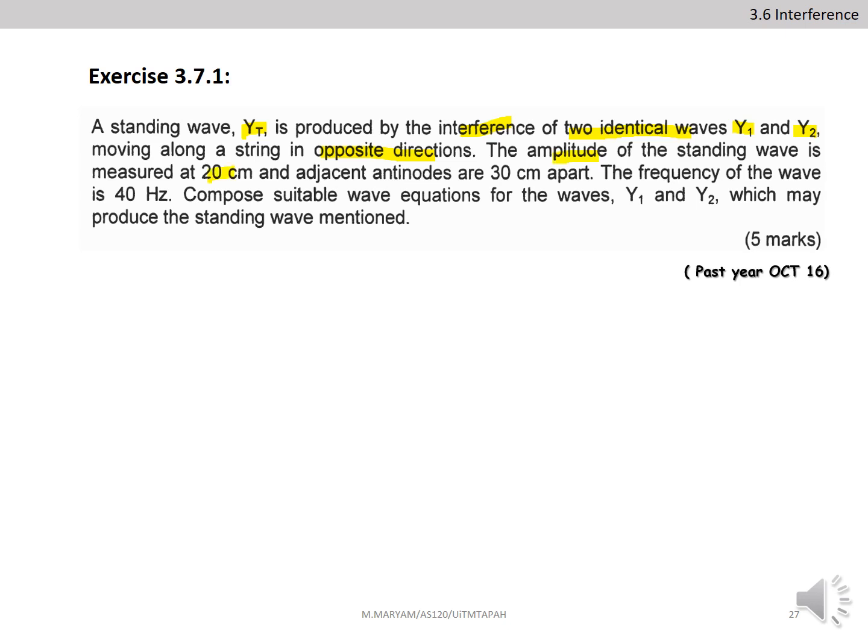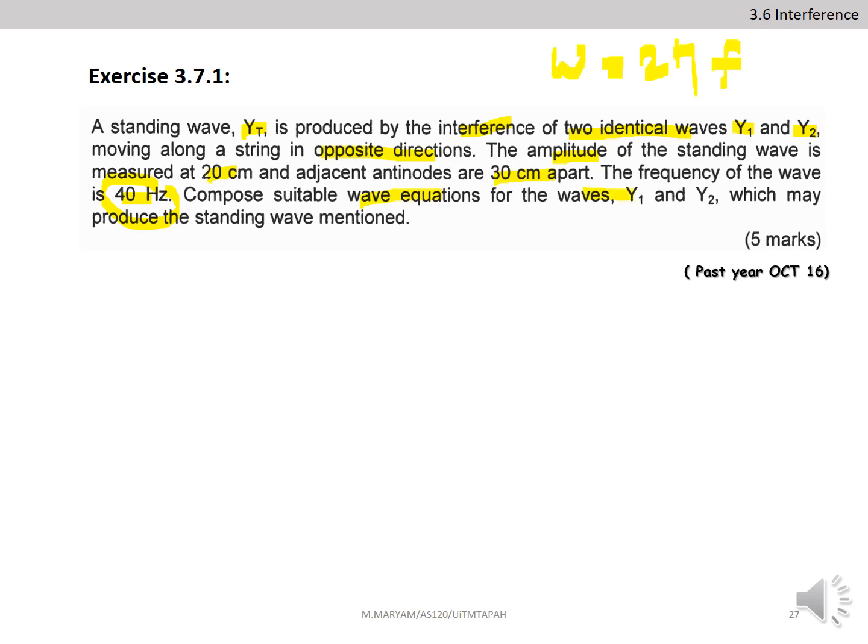So the amplitude of the standing wave is 20 centimeter. Adjacent antinodes are 30 centimeter apart. The frequency of the wave is 40 Hz. The frequency here is given to find the omega, because in the equation we have omega t and kx, right? So you need to find omega by using this equation. Okay, substitute the frequency given in the equation here, 2 pi f.